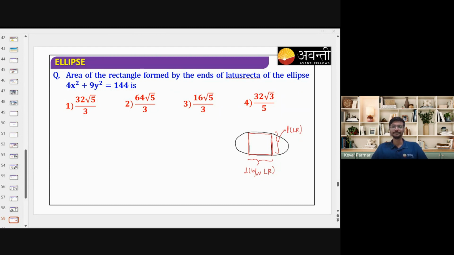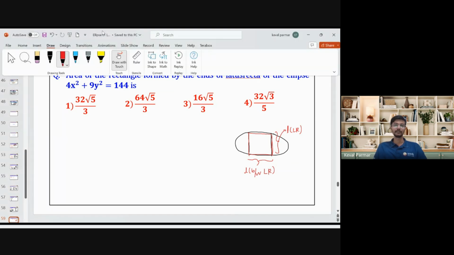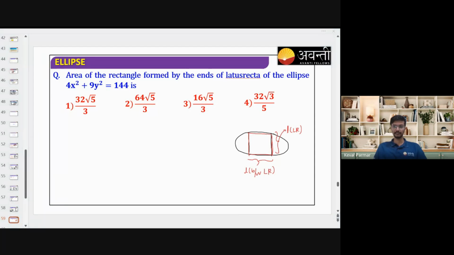Come on. I'm trying to make the session as interactive as possible, but I need your support. Come on, guys. Chalo. Let's see. Option 2. Okay, Mahesh. Thank you. Superb. He's saying option 2 is correct. What about Girisha? I'm waiting for you. After that, I'll start solving. Come on, guys.